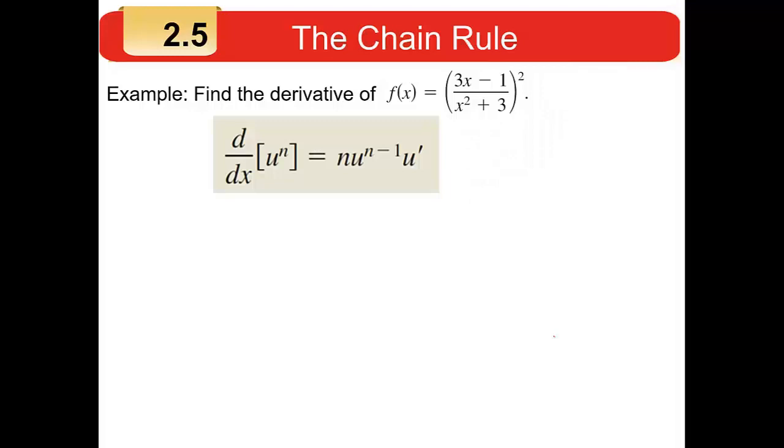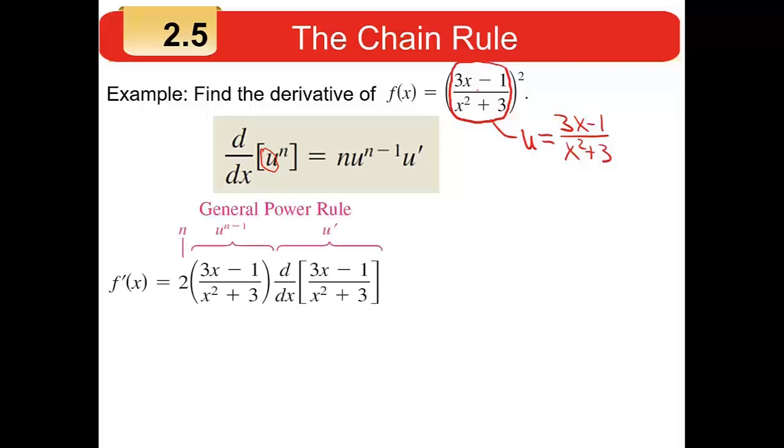Well, it's a general power rule because you've got something raised to a power, so we can apply the general power rule, which says that the derivative of u to a power is the power times u to the 1 less power multiplied by the derivative of whatever u is. So I'm going to do that. In this case, the u is the inside part. It's the thing that's raised to a power. So in this case, it's the fraction: 3x minus 1 over the quantity x squared plus 3.